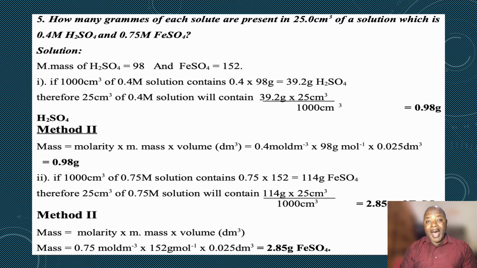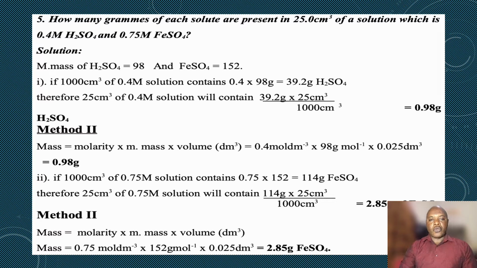But we are looking for the mass. In order to get the mass, we multiply this number of moles by the molar mass of iron 2 sulfate. And the molar mass of iron 2 sulfate is 152. Let's multiply it by 152. We will have 2.85 gram of iron 2 sulfate.